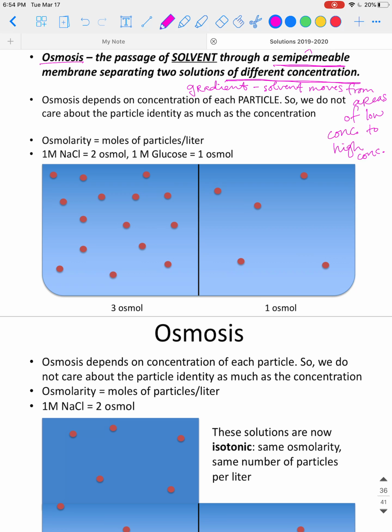But to define osmolarity, which is another term of concentration: osmolarity is equal to the moles of particles per liter. Now, you guys are familiar with molarity.